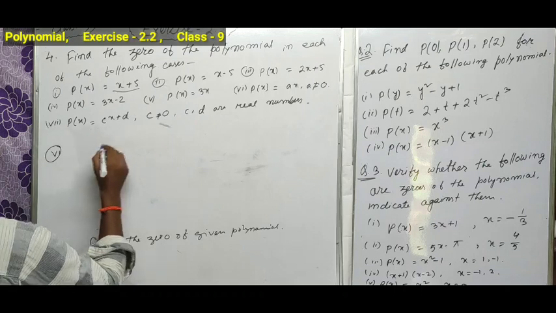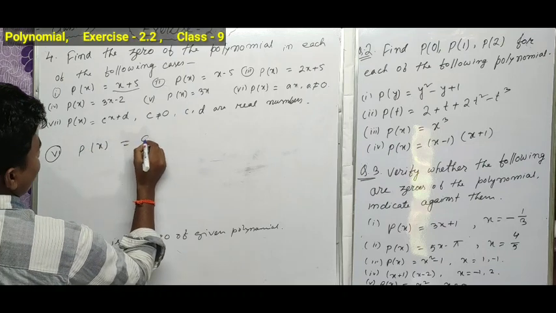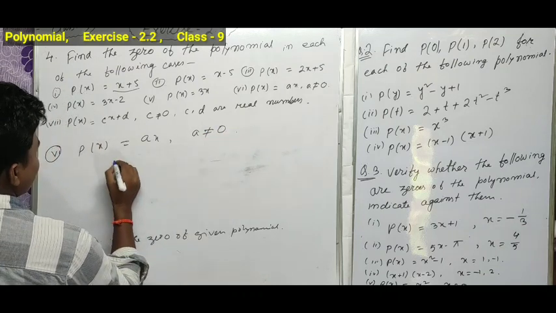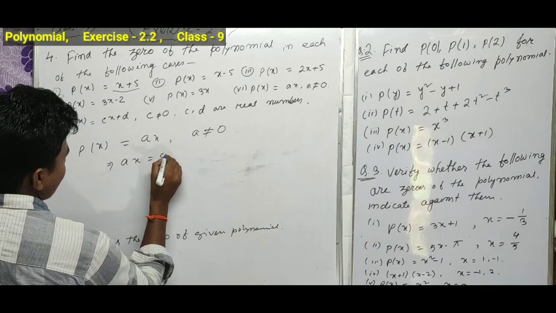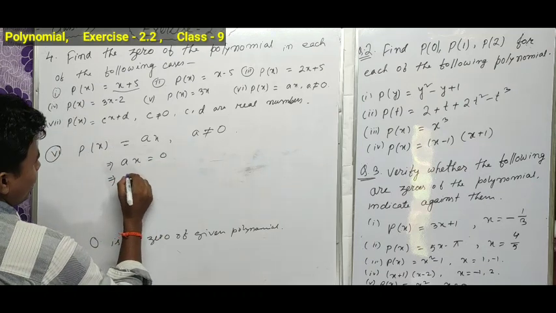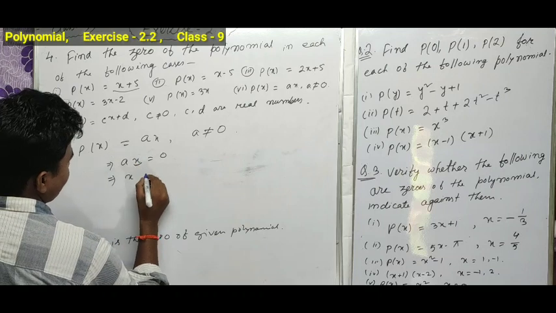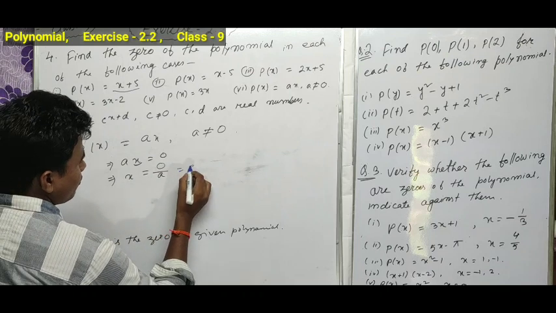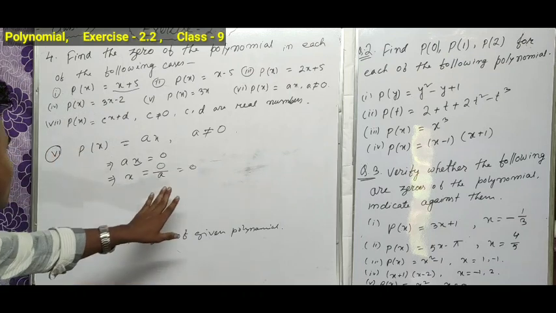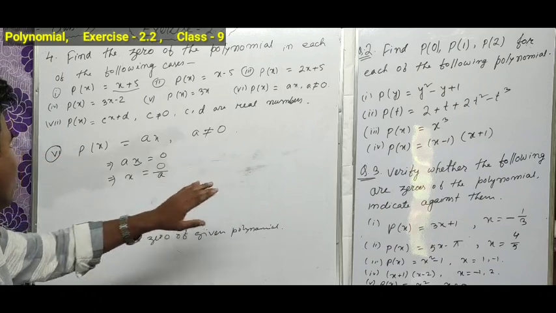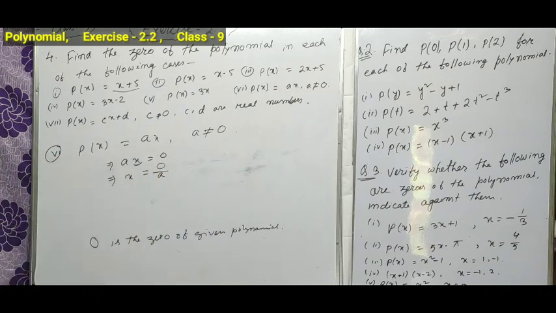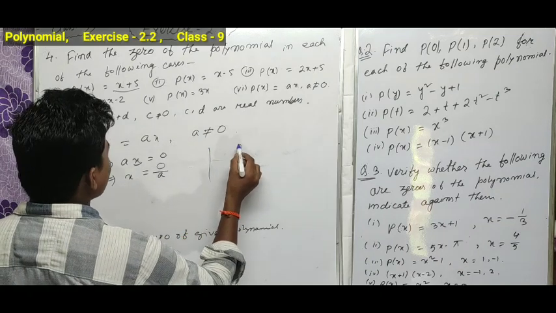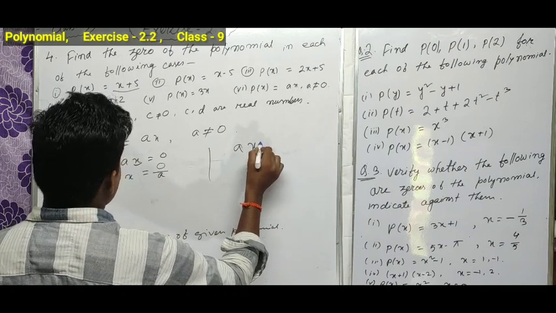Next, number 6. px equal to ax, where a is not equal to 0. You can see ax equal to 0, we can write. Then if we keep x this side and 0 that side, that means 0 by a. I am explaining this one: ax equals 0.